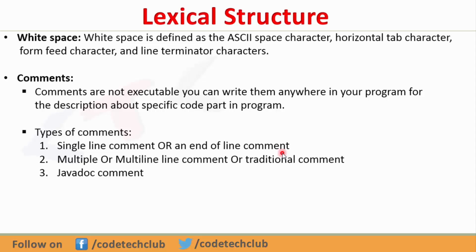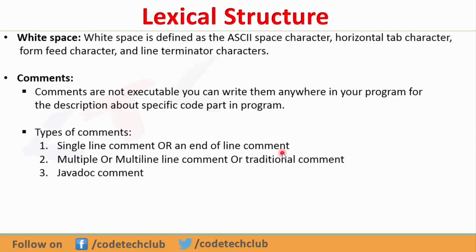There are different types of comments: the single line comment, also known as an end-of-line comment, and the multi-line comment, also known as a traditional comment. A single line comment is for commenting one line, and the multi-line comment, as the name suggests, comments more than one line, so those lines will not be executed when you run your program.